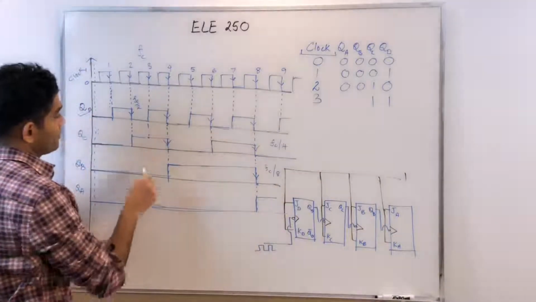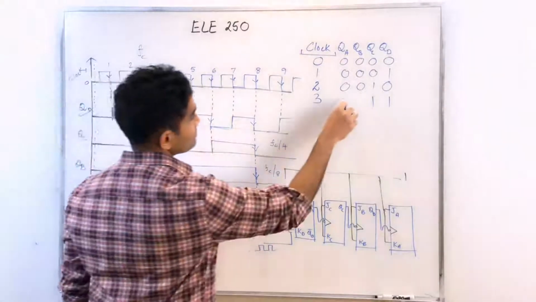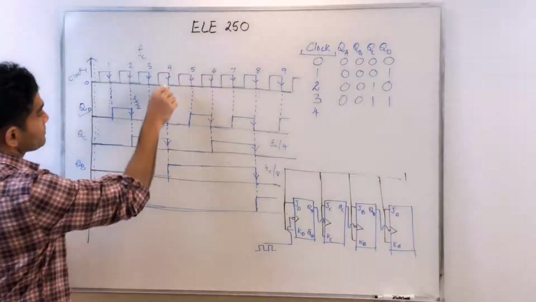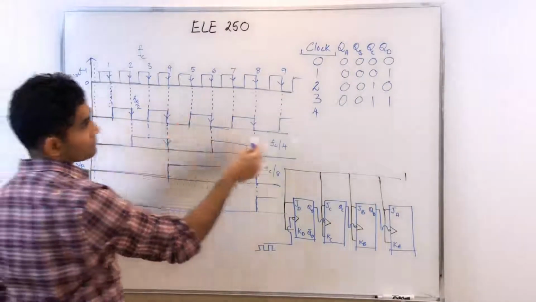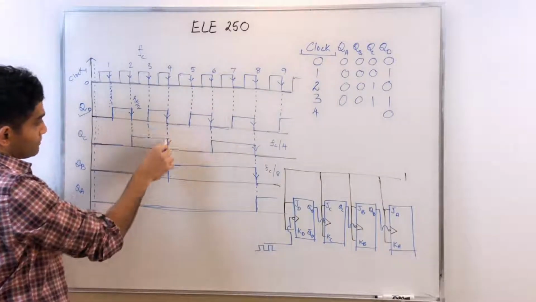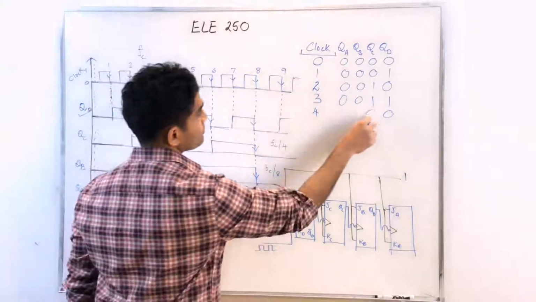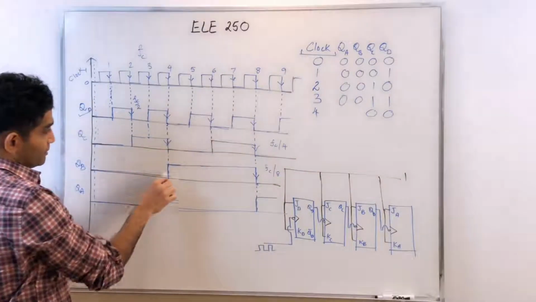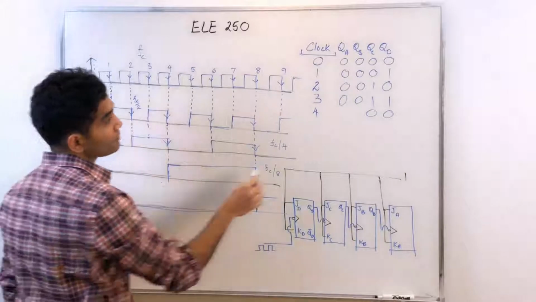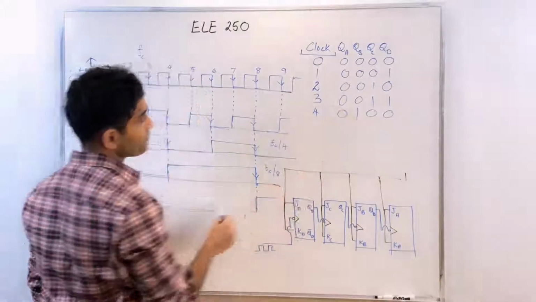QB and QA are still zeros. On the fourth active edge, which is here, QD is again toggling, that goes to 0. QC is toggled, that goes to 0. QB is toggled, it was 0 before, it becomes 1, and QA is still 0.